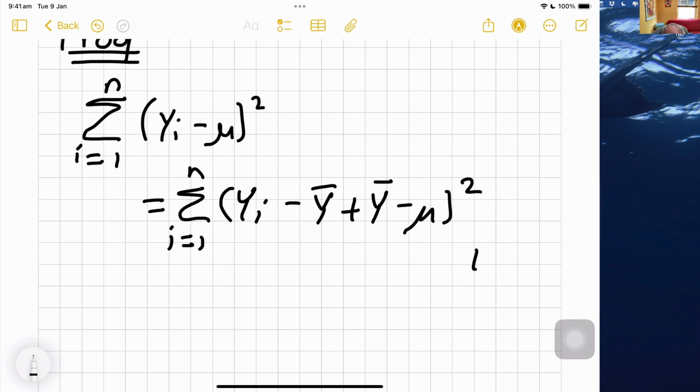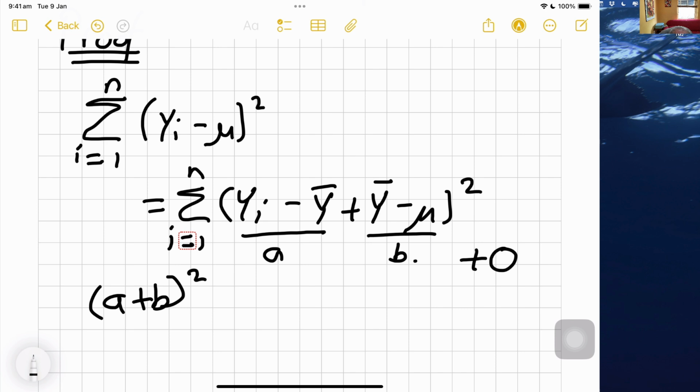All I've done there is add 0, because if I add the sample mean and take it off, I haven't really changed anything. But I've got a squared term here, so I'm going to treat this as a and this as b. And remember, (a plus b) squared is a squared plus 2ab plus b squared.